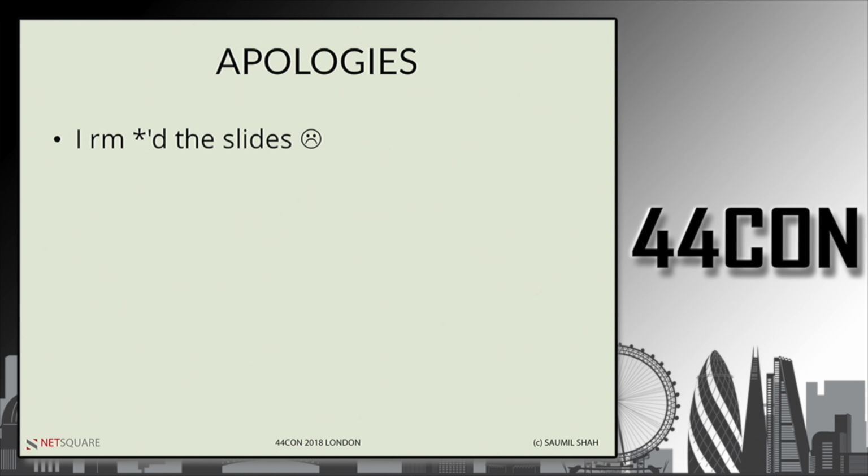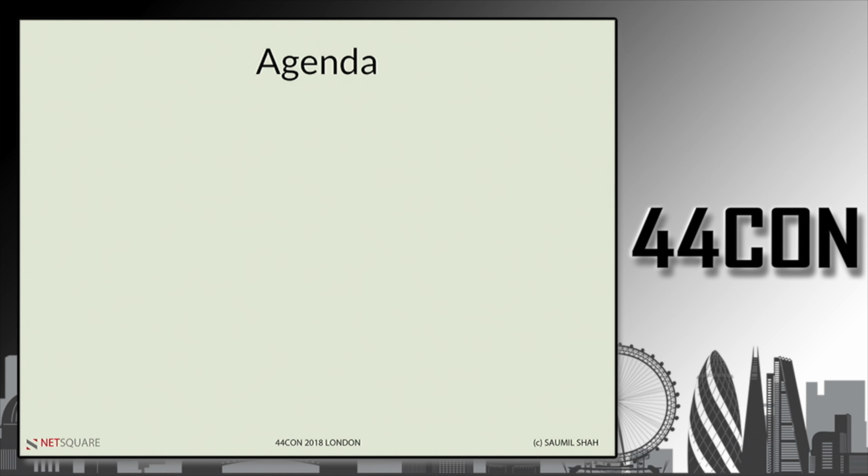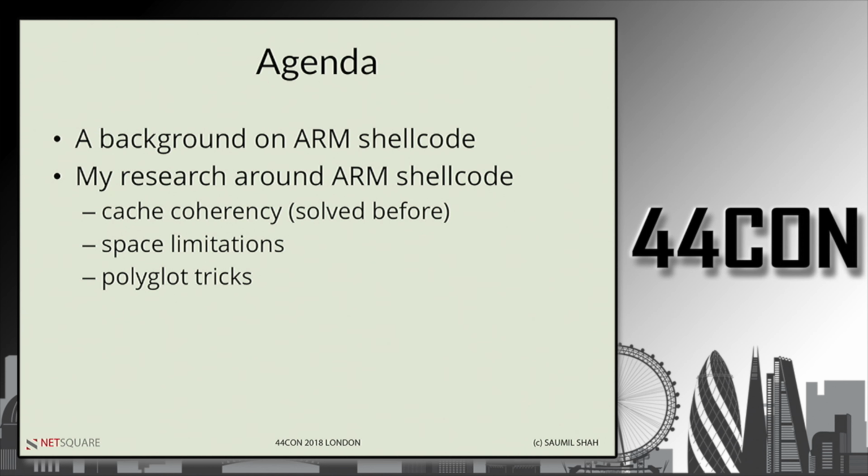So with this being said and done, let me just give you an idea about the agenda. I'll start out with a little bit of background about ARM shellcode, which might be about 90 seconds long. And then I'll talk about the 3 areas that I've been working on in ARM shellcode.